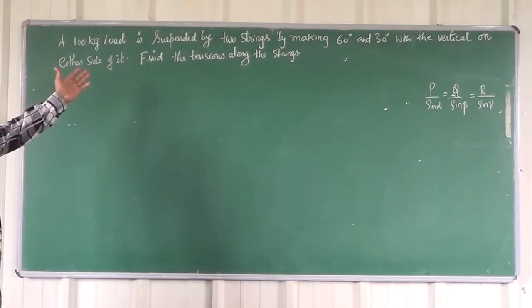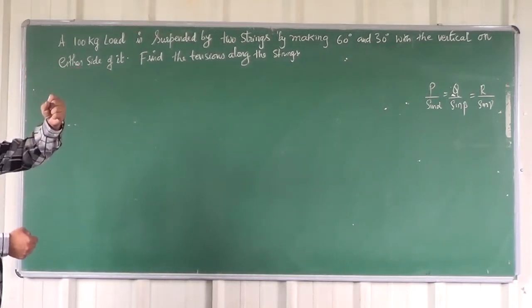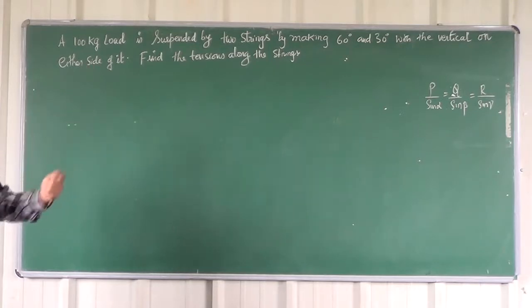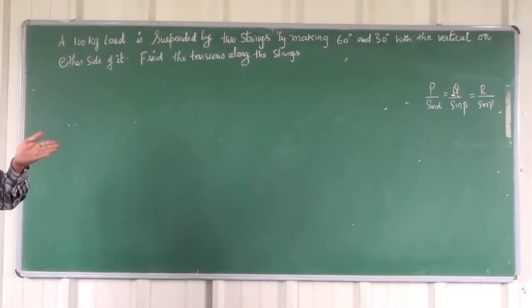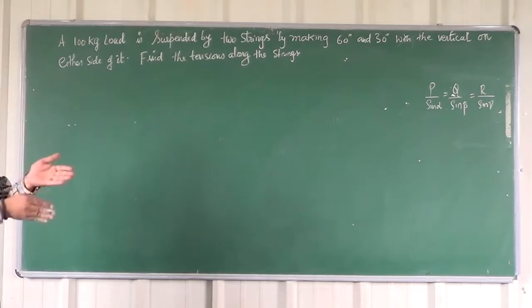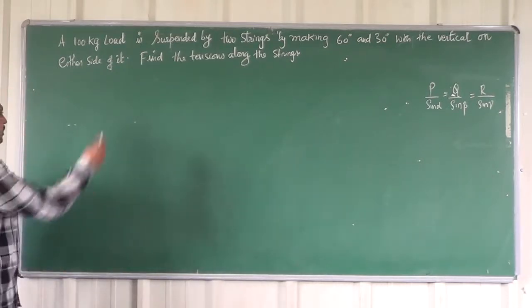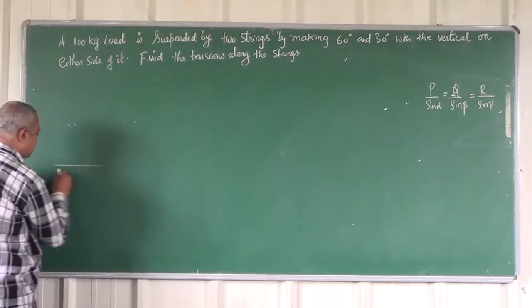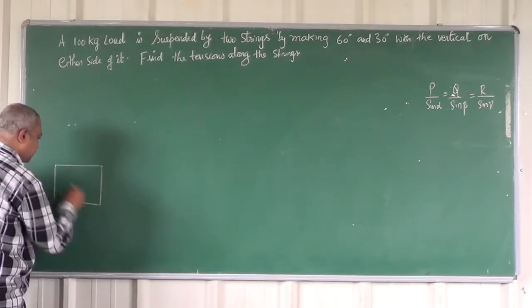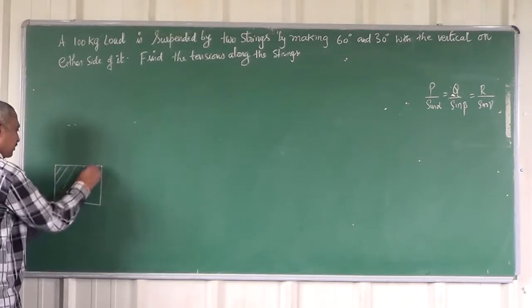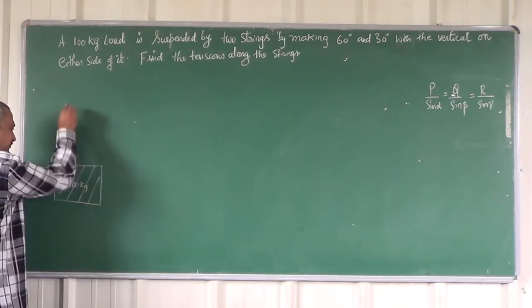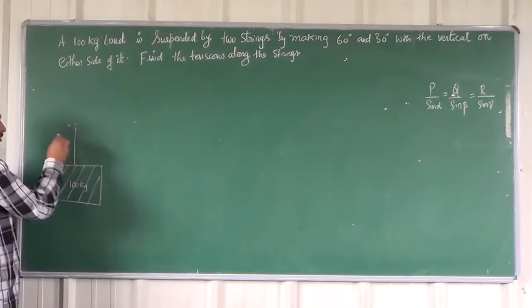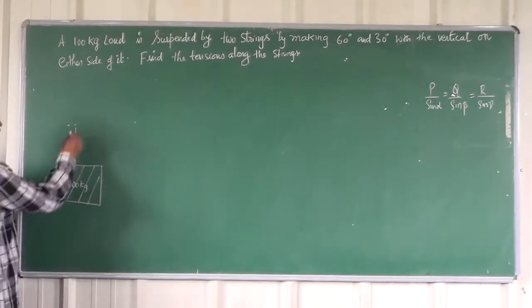A 100 kg load is suspended by two strings which make 60 degree and 30 degree with the vertical. This is vertical. One string makes 60 degree, another string makes 30 degree with the vertical. This is the 100 kg weight, suspended by two strings.